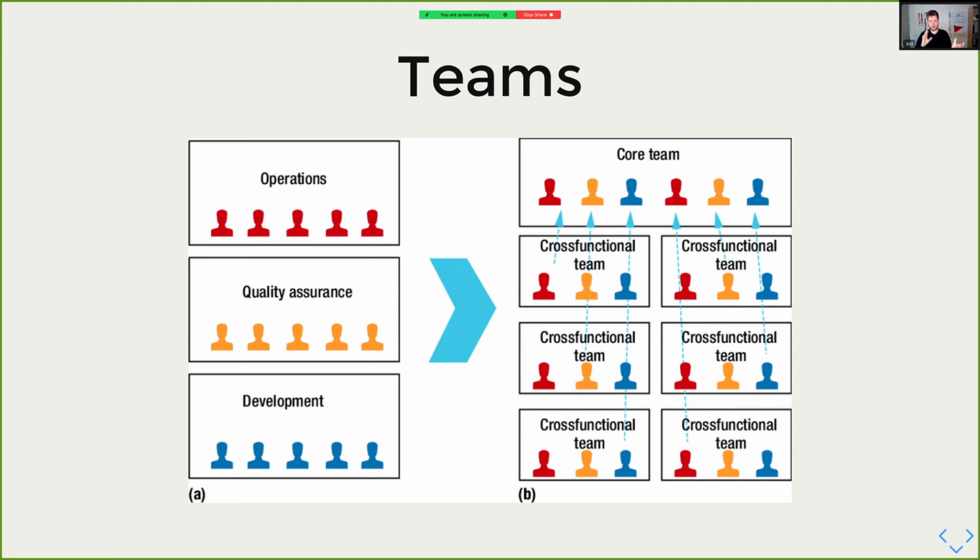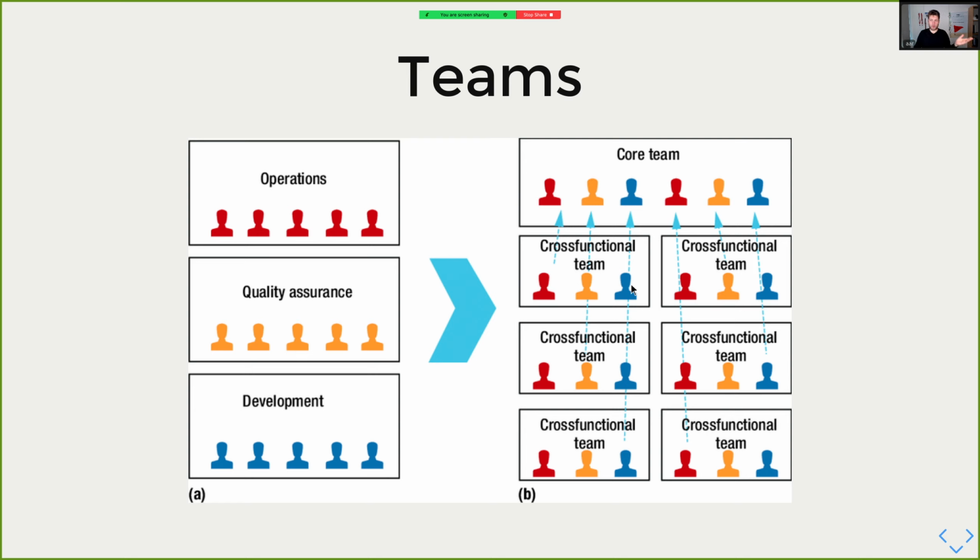So let's take a look at how teams in DevOps can look. On the right, we have the DevOps way of looking at teams, where we don't have one developer team, we don't have one operations, we don't have one quality assurance. Instead, we have a team where we have the expertise of all of these areas in one team.